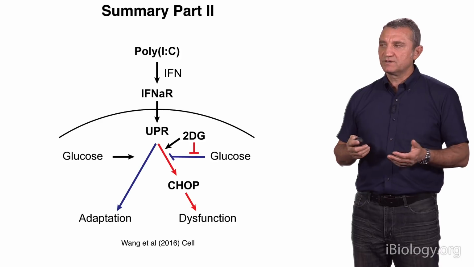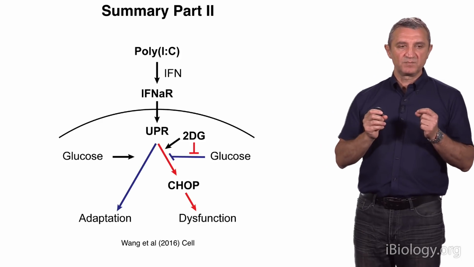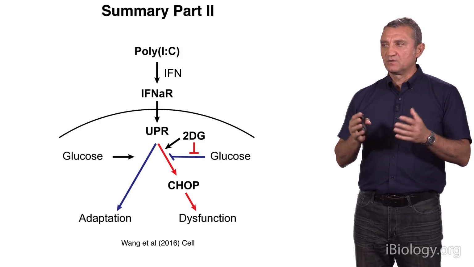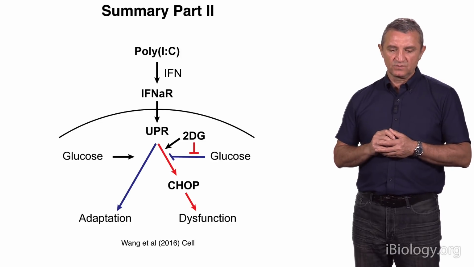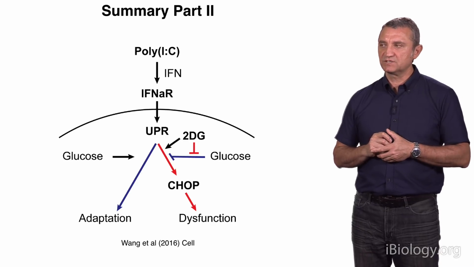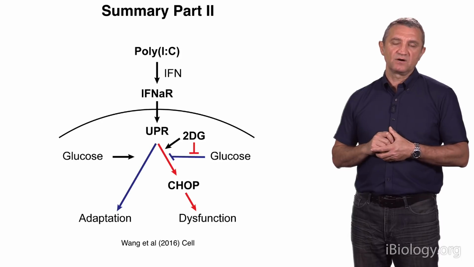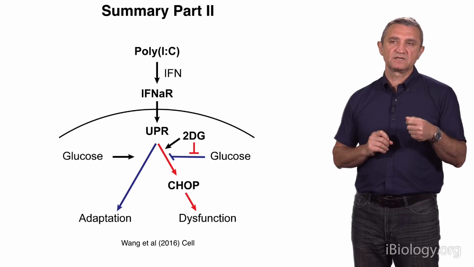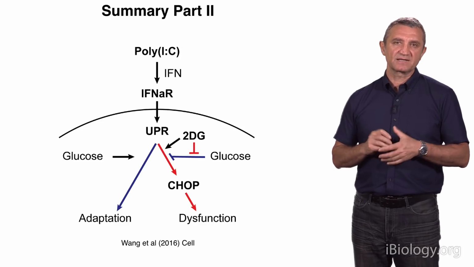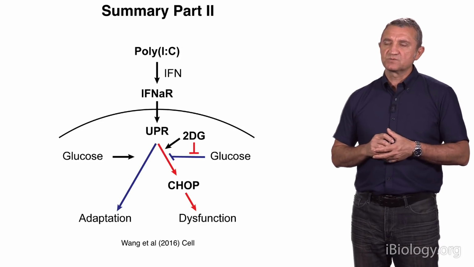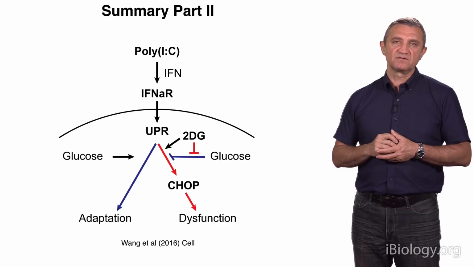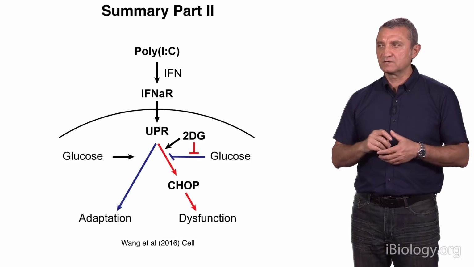So these are two very different effects of metabolism on bacterial and viral inflammation, and all of it could be tied down to utilization of glucose or block of glucose utilization, and it's completely independent of pathogenicity, it's independent of pathogen burden, and it's independent of the magnitude of inflammation. So this is what we refer to as being able to tolerate a given level of inflammation rather than controlling the level of inflammation.